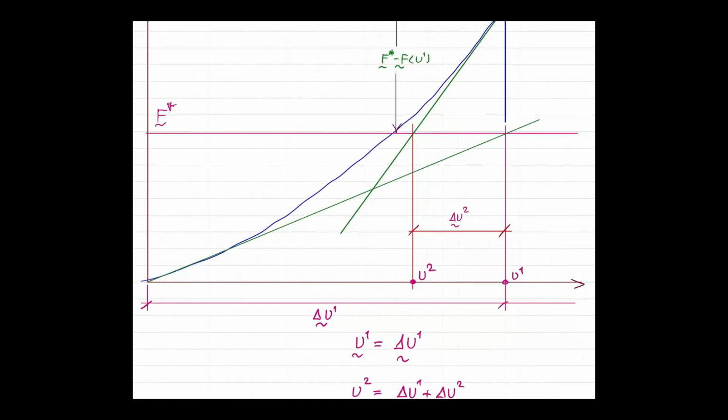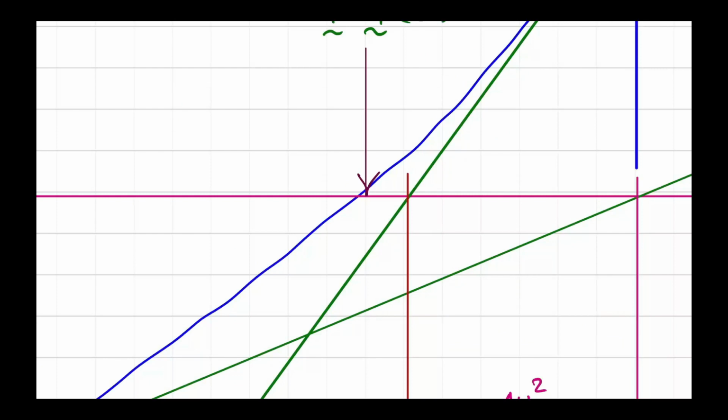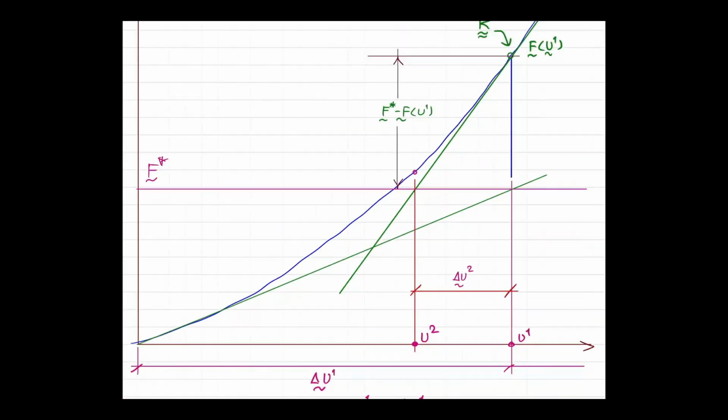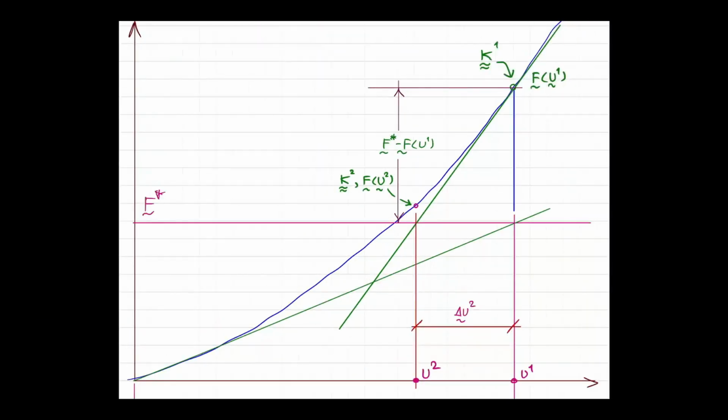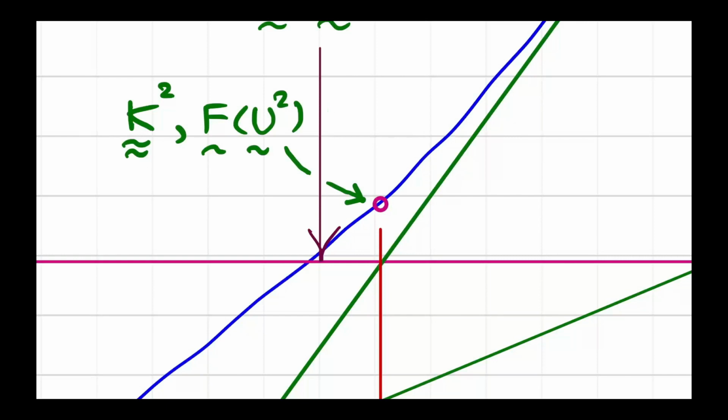And then you have the new current point, so you come and evaluate it for the K2 and F at U2, at the point there, and you find that the error is still there.